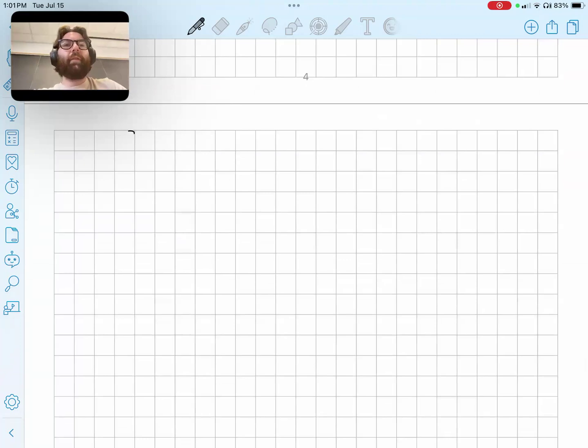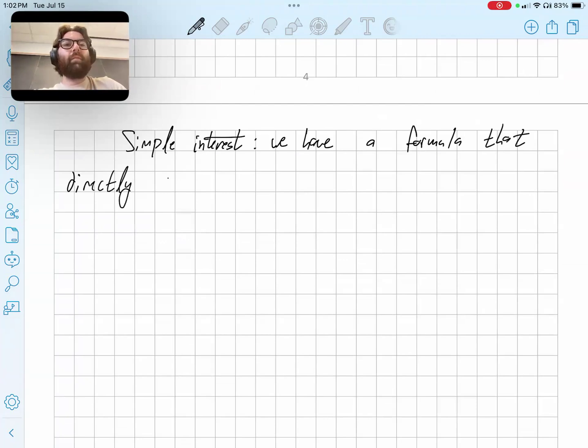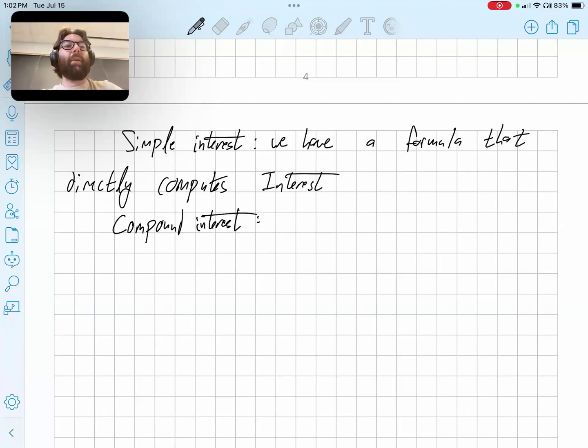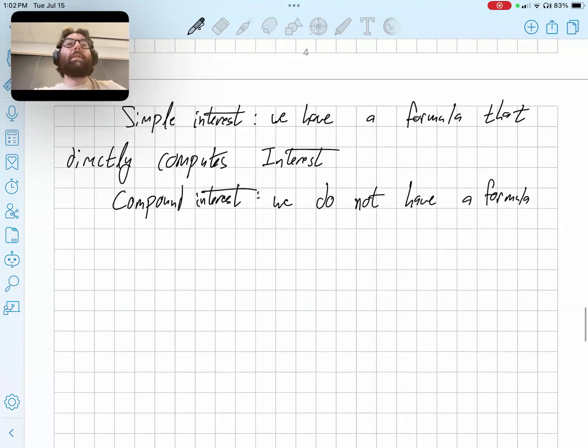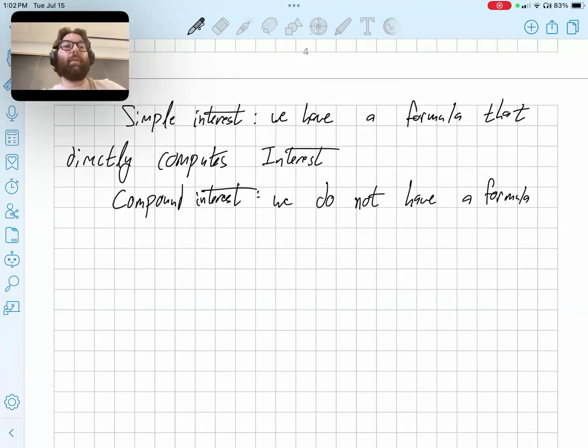The big difference here is for simple interest, we have a formula that directly computes interest. I equals PRT. That is our formula that computes interest. For compound interest, we do not have a formula that directly computes this, besides just computing the future value and subtracting the principal.